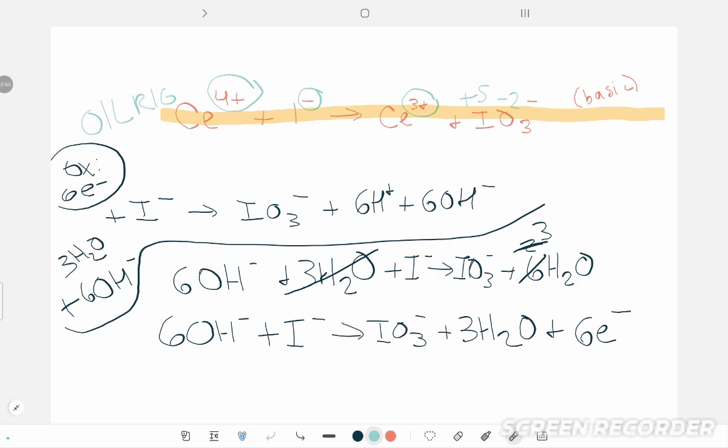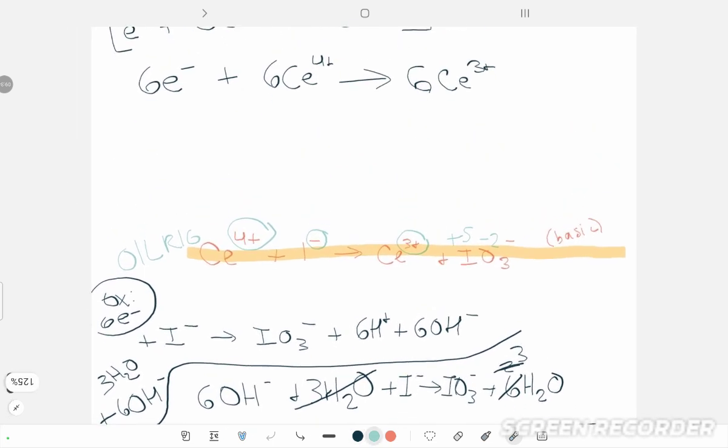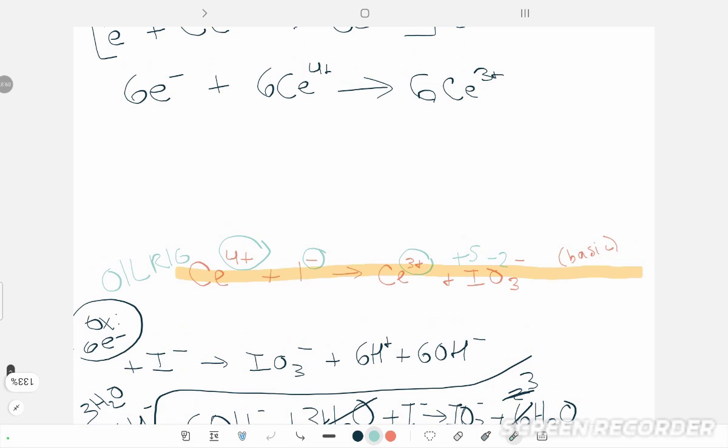So just going to start adding from both sides. So on this side, I just already know this is going to be canceled.